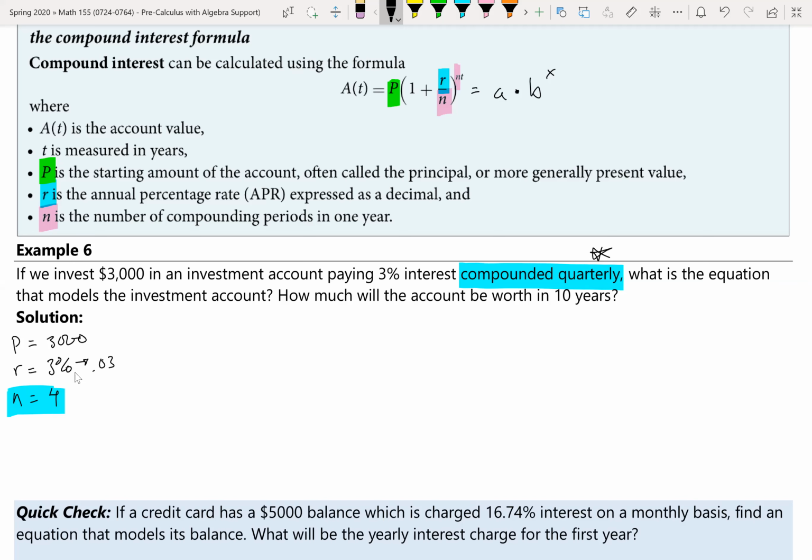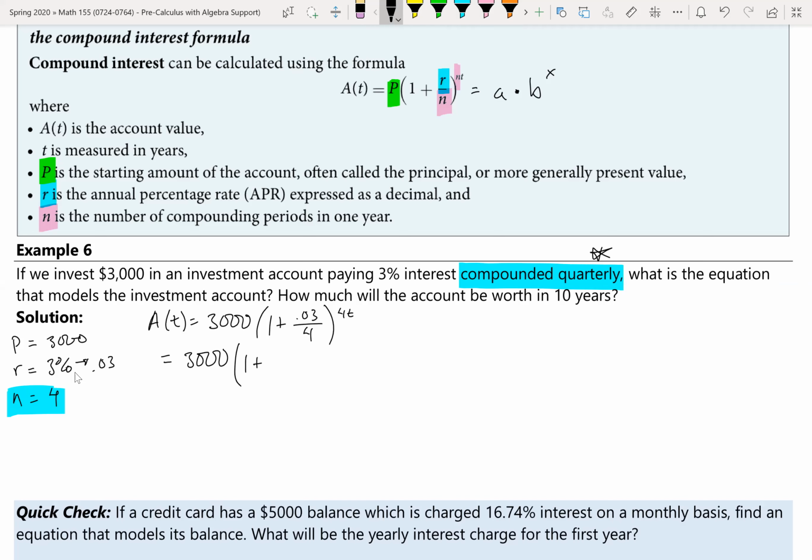Yeah. So now we find our equation, A of T. Tell me what to write. 3,000 times 1 plus 0.03 over 4, to the 4 times T. What is 0.03 divided by 4?